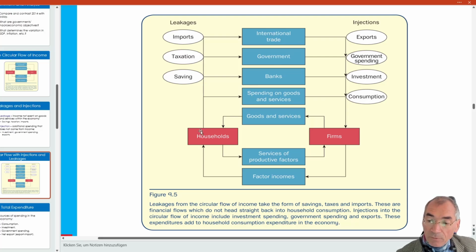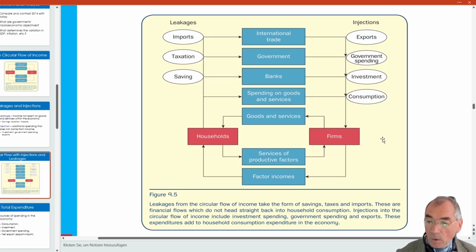Every part of our income that goes out of this inner flow to somewhere else is called a leakage. And every inflow into the inner flow, that is basically income that goes to the firms by exports, because this is then consumption expenditure by people abroad, by government spending, by investment.